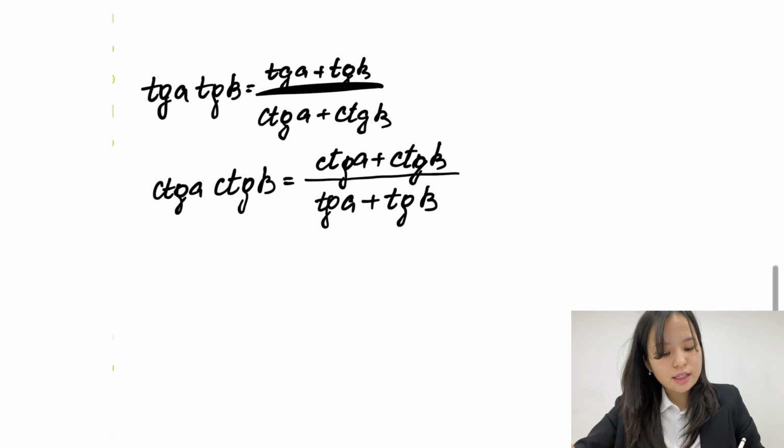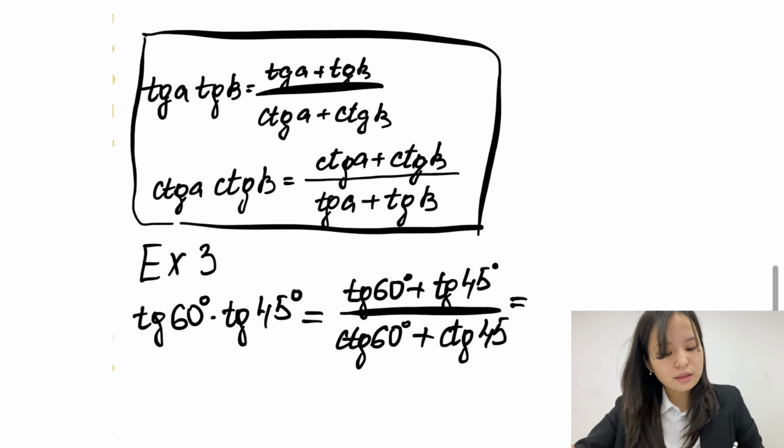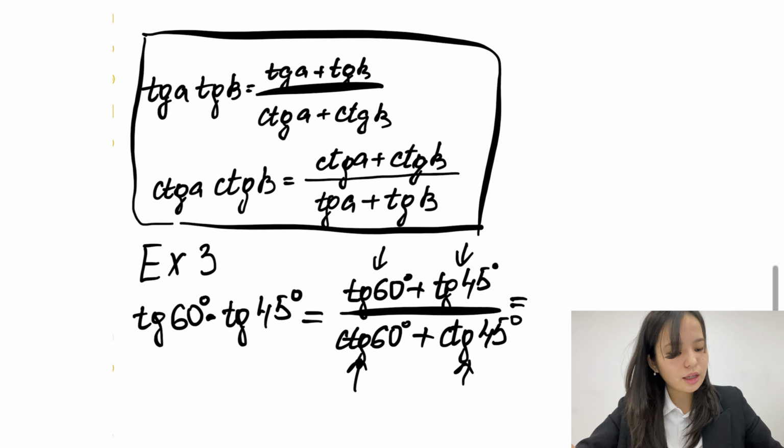Solve examples. Exercise 3. Given tangent 60 degrees multiplied by tangent 45 degrees, it's equal to tangent 60 degrees plus tangent 45 degrees divided by cotangent 60 degrees plus cotangent 45 degrees.